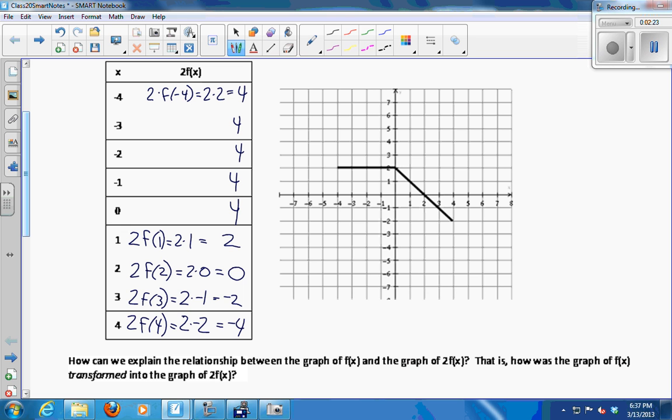So I go to my graph, and I plot my points where these are my x's, these are my y's. So I've got -4, 4, -3, 4, -2, 4, -1, 4, and 0, 4. And then I have 1, 2, 2, 0, 3, -2, and 4, -4.